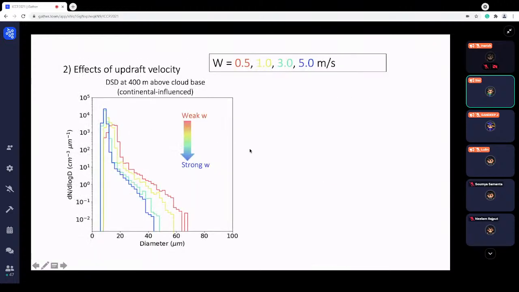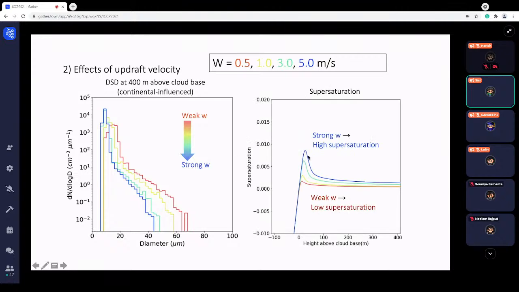We also look at the effects of updrafts. It is found that the DSD is broader in the weaker updraft condition, as shown in the red histogram. Even though this weak updraft produces a relatively lower supersaturation, as shown on the right, a weak updraft corresponds to a longer time for droplets to grow before they reach the same height.